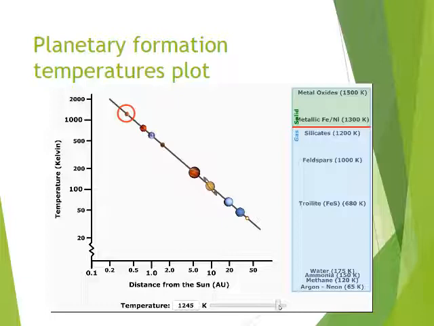In fact, so hot that the only stuff that would have been solid at that location would have been metals and metal oxides. Everything else would have been in gas form, because it would be so hot that close to the sun that those elements could exist, but only as vaporized gases. And if you're going to build a planet, you need solids to build from.